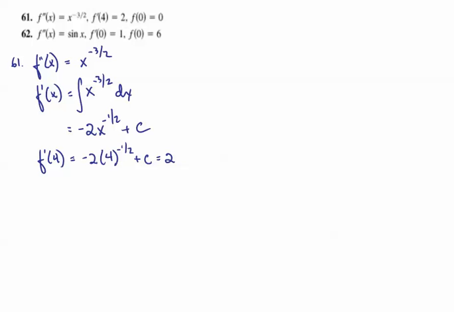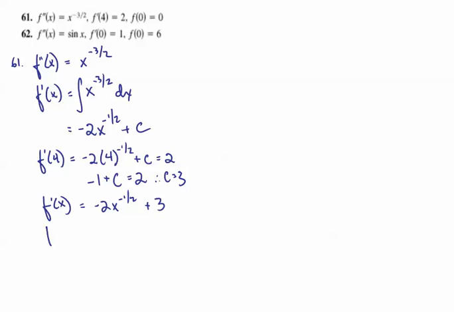Negative 2 times 1/2 is negative 1. So we have negative 1 plus c is 2. That means that c is 3. And so we get our first derivative function to be negative 2x to the negative 1/2 plus 3.